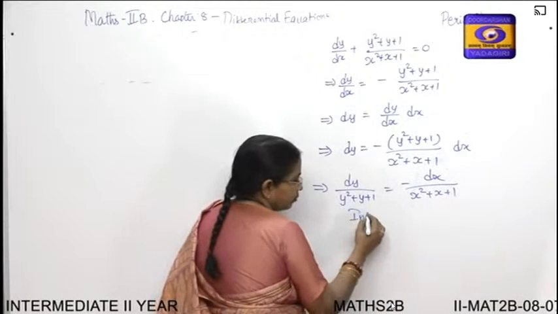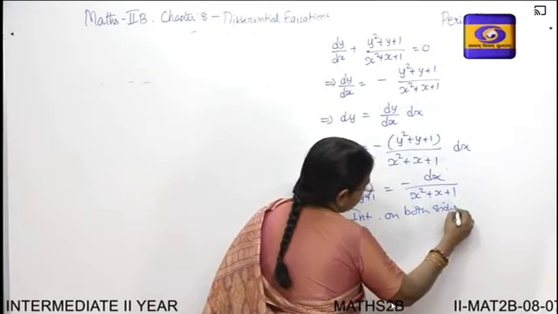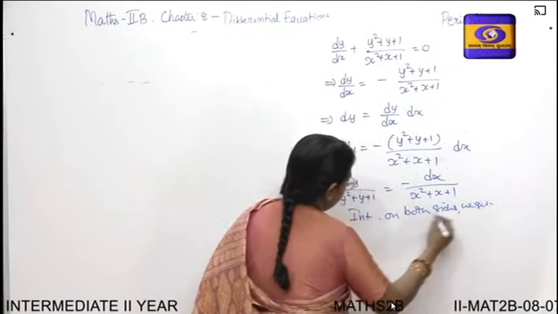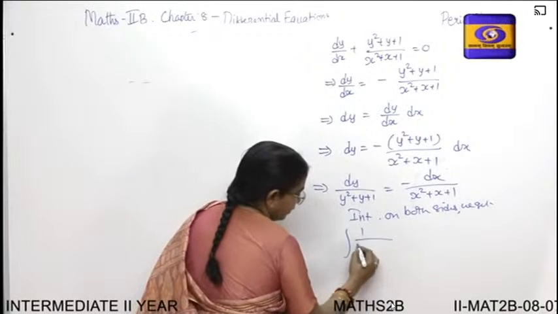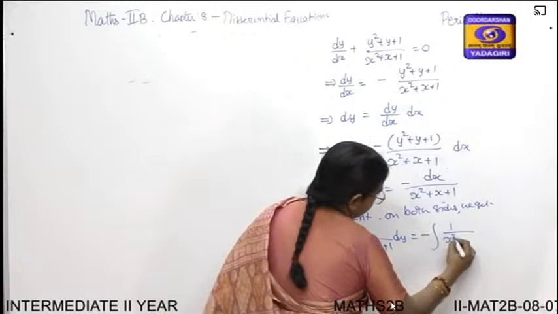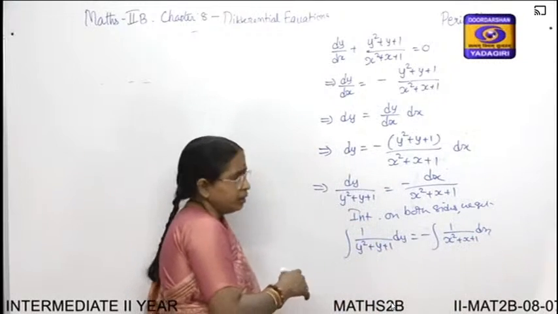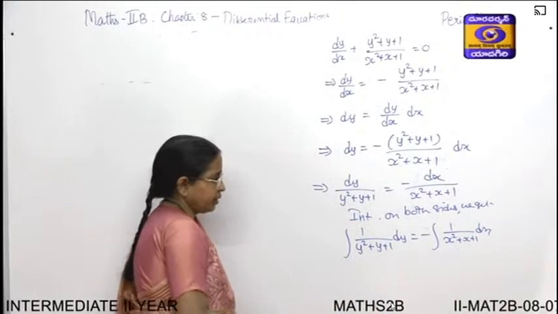Now integrating on both sides we get integral of 1 by y square plus y plus 1 dy is equal to minus integral of 1 by x square plus x plus 1 dx. So once you integrate one side, the other side you can write in the same way.